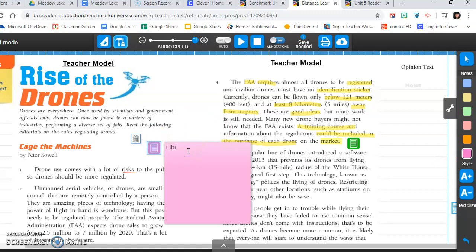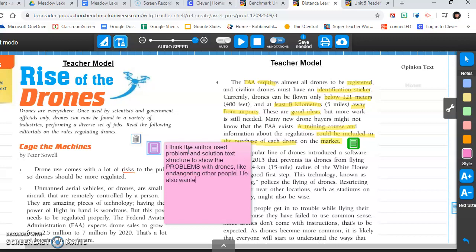I'll say, I think the author used problem and solution text structure to show the problems with drones, like endangering other people.